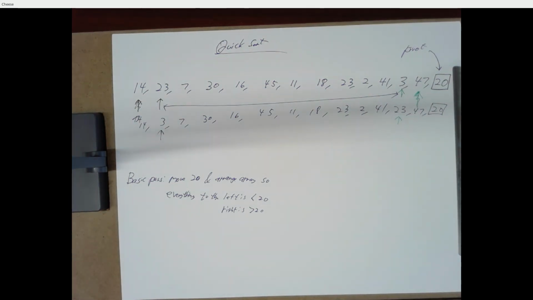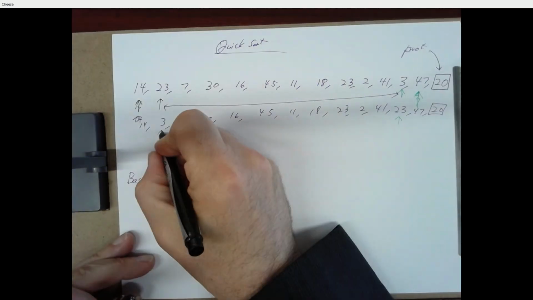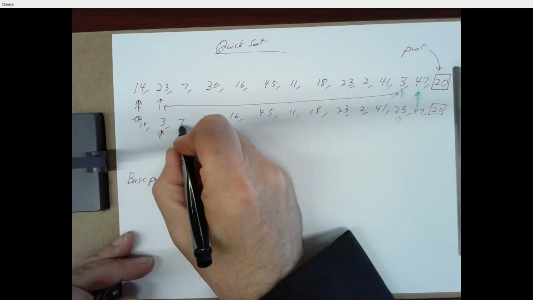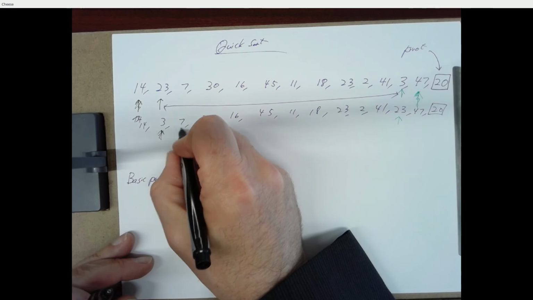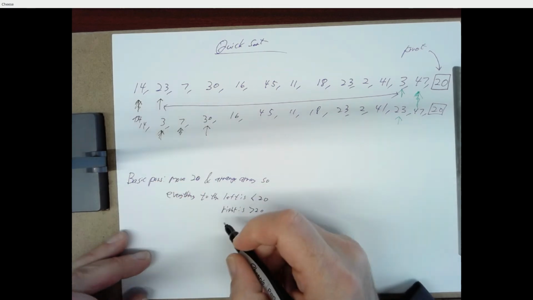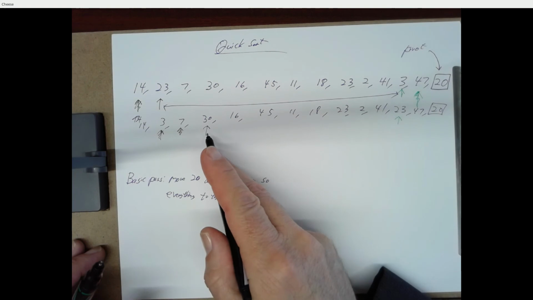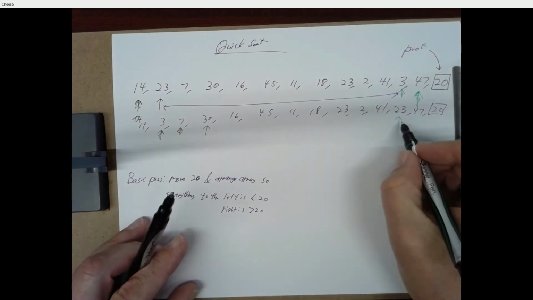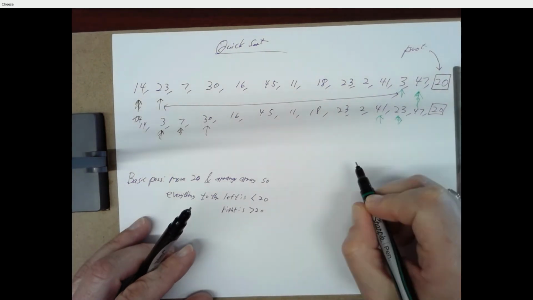And we keep going. We're going to keep moving these indices until we get to things that are in the wrong position. We're going to swap, and we're going to keep moving, and eventually our two arrows will collide with each other, and then we're done. Okay, so let's keep moving. So 7 is smaller than 20. That's good. So 30 is not smaller than 20. We stop right there. We come over here. 41 is bigger than 20.